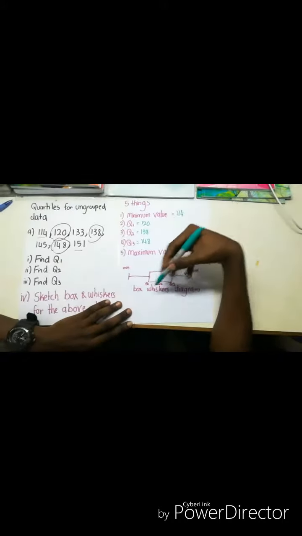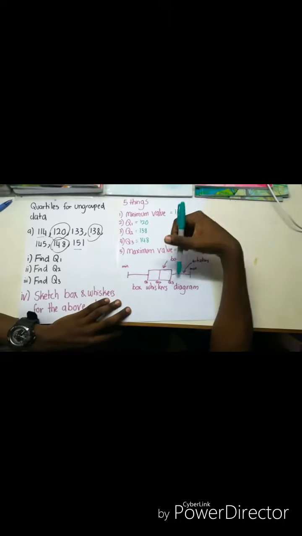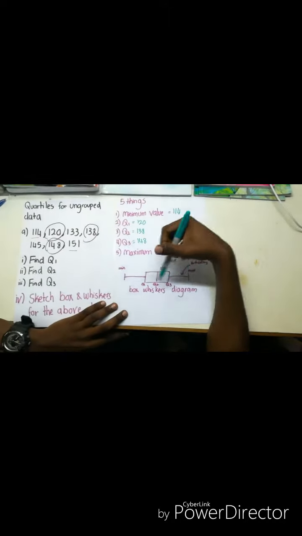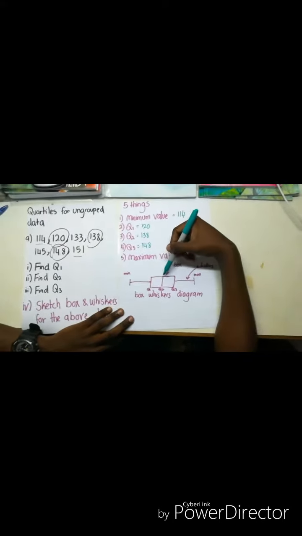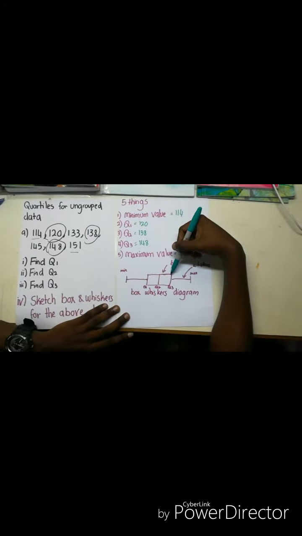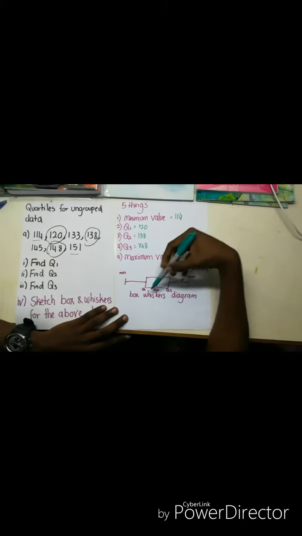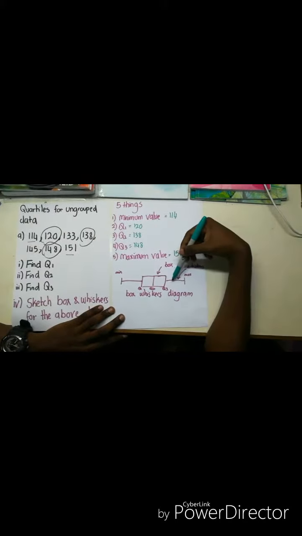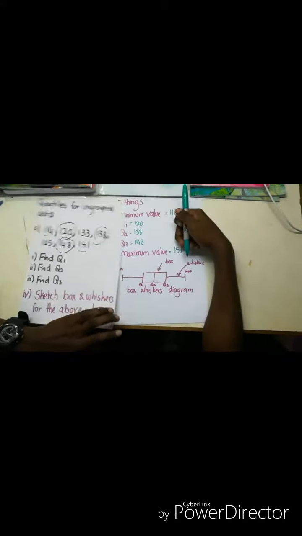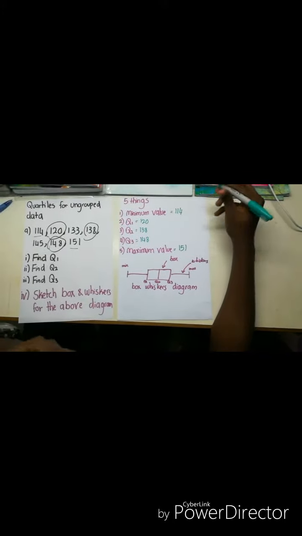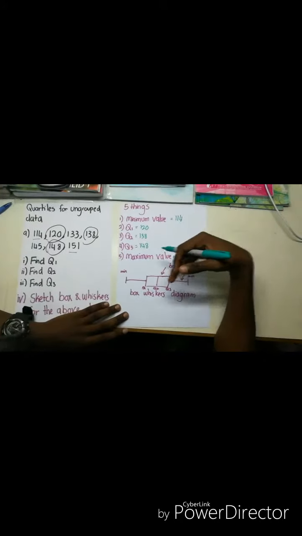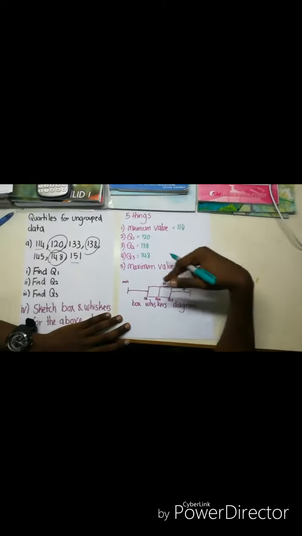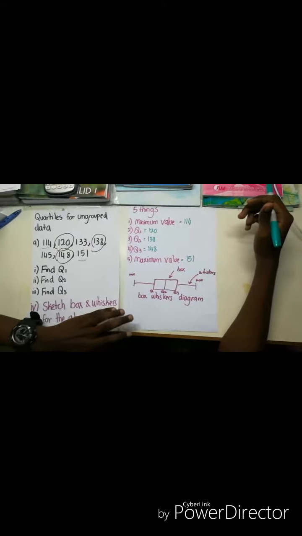Okay guys, so this is how a box and whiskers diagram looks like. This is the minimum value, here Q1, here Q2, this one is Q3, and here is the maximum value. This one is the box, and this one is the whisker. Now we need to find which one is longer, the right whisker or left whisker, or right box or left box.